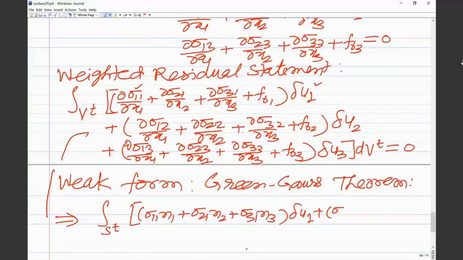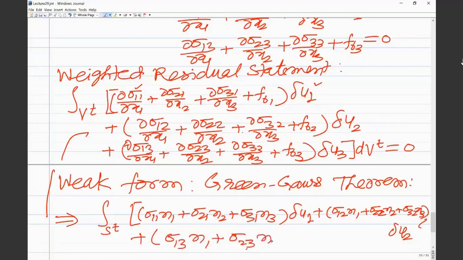So this is delta U1, and then sigma 1,2 into N1 plus sigma 2,2 into N2 plus sigma 3,2 into N3 into delta U2, plus we will have sigma 1,3 into N1 plus sigma 2,3 into N2 plus sigma 3,3 into N3 into delta U3, into dS.